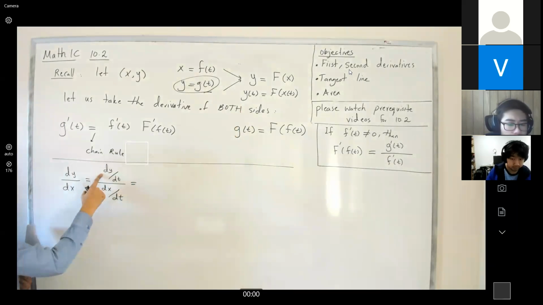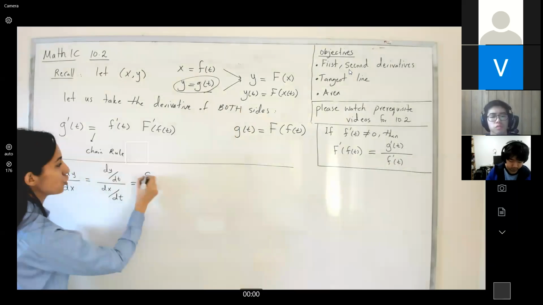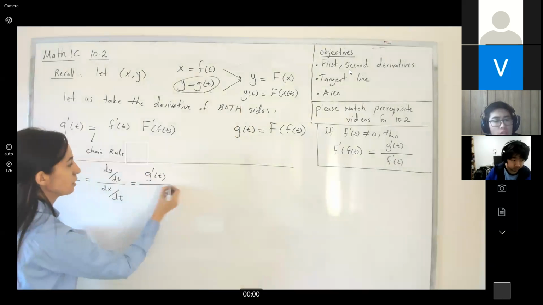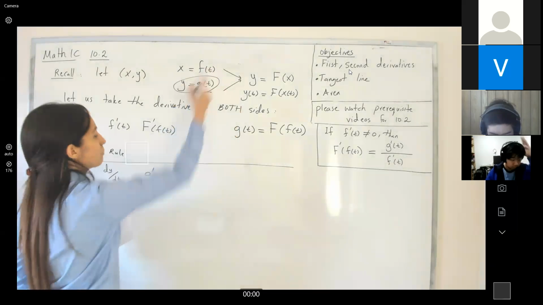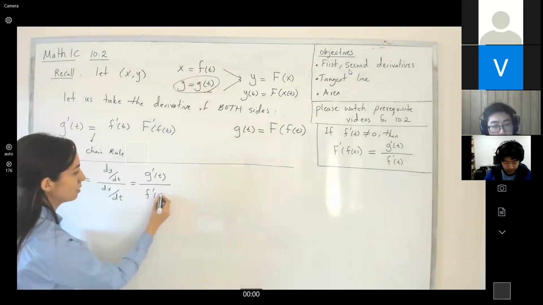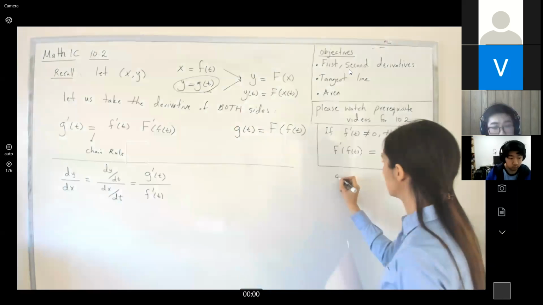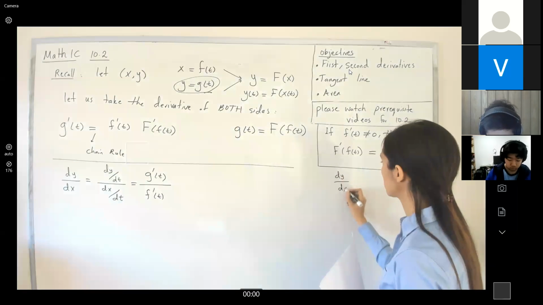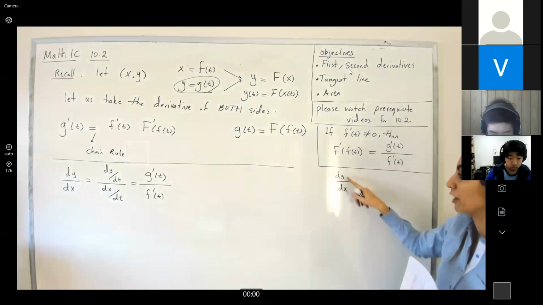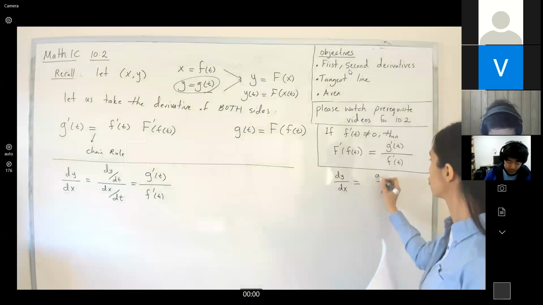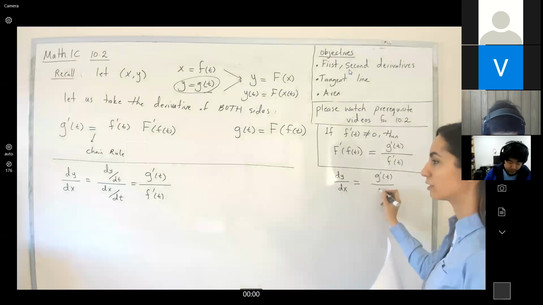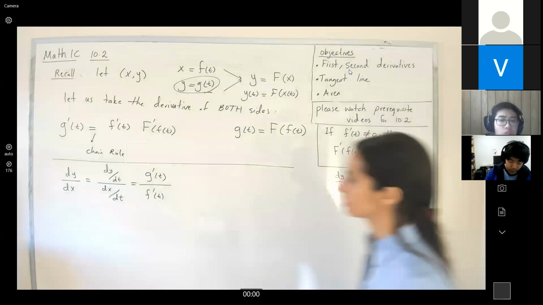The derivative of y with respect to t is g prime of t, over the derivative of x with respect to t, which is f prime of t. Another formula: dy over dx, or the first derivative of y with respect to x, is equal to g prime of t over f prime of t.